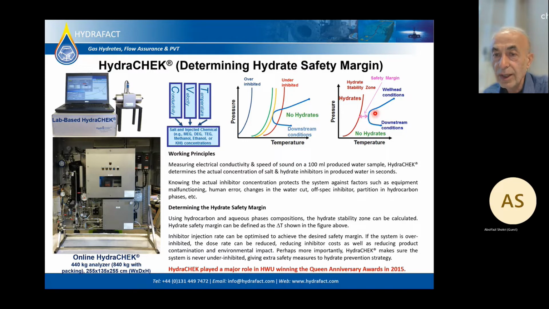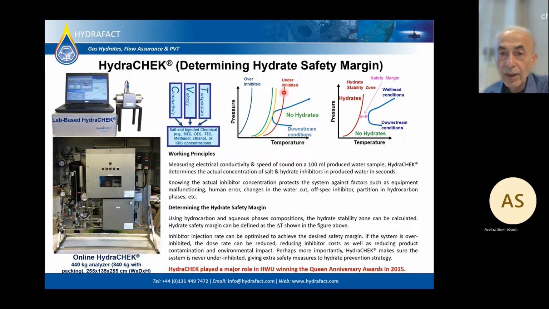Because ideally, you don't want the pipeline condition to be inside the hydrate stability zone, because hydrate can form. But too much away means that you need to use too much chemical. So something like this.